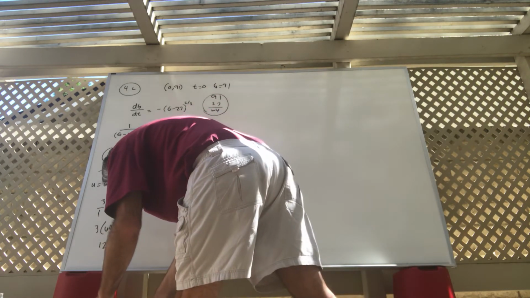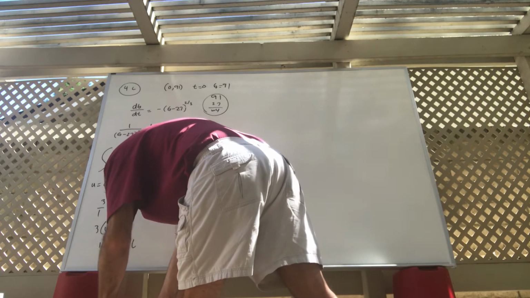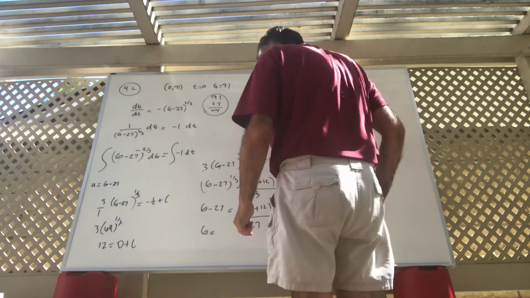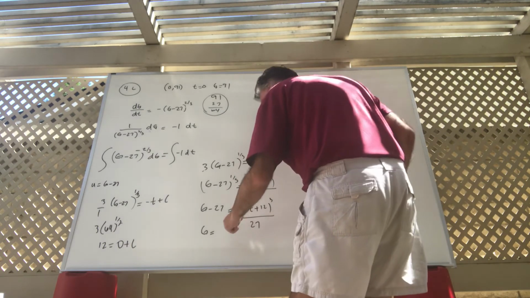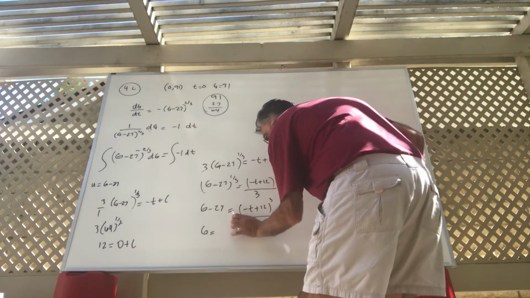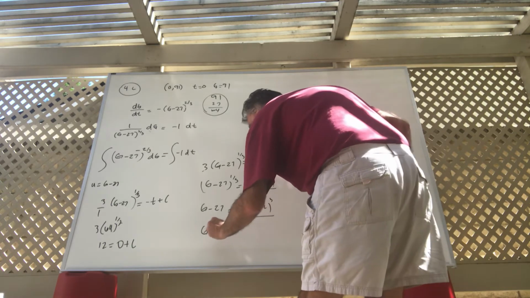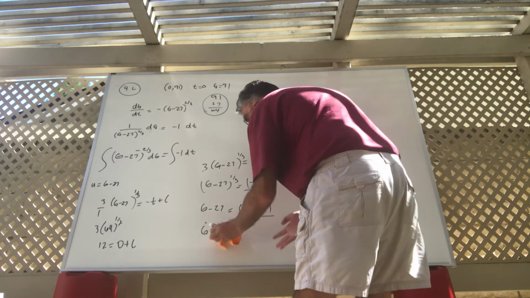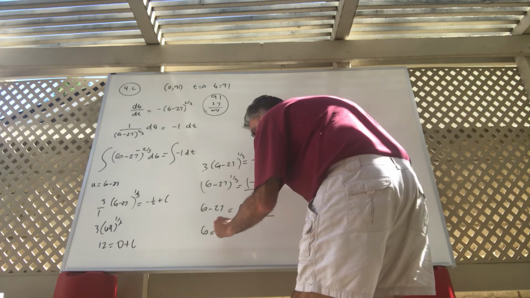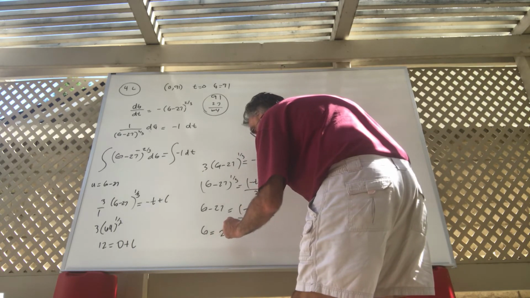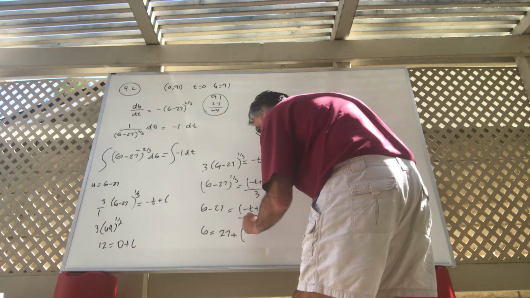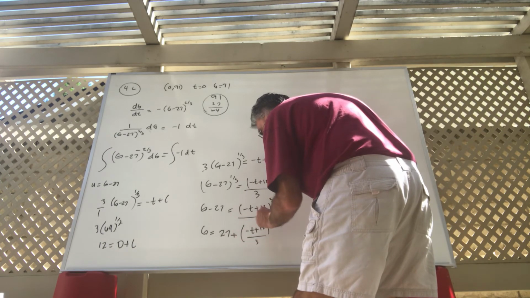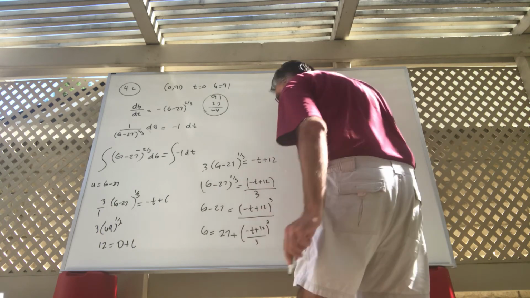Let me just make sure I'm doing this right. So I'll move the 27 over, so it makes it 27 plus negative t plus 12 over 3 to the 3rd.